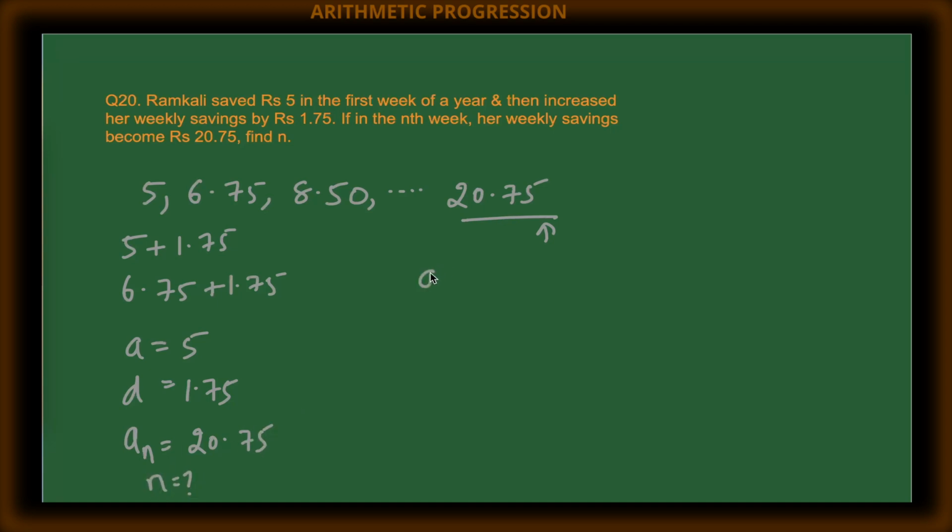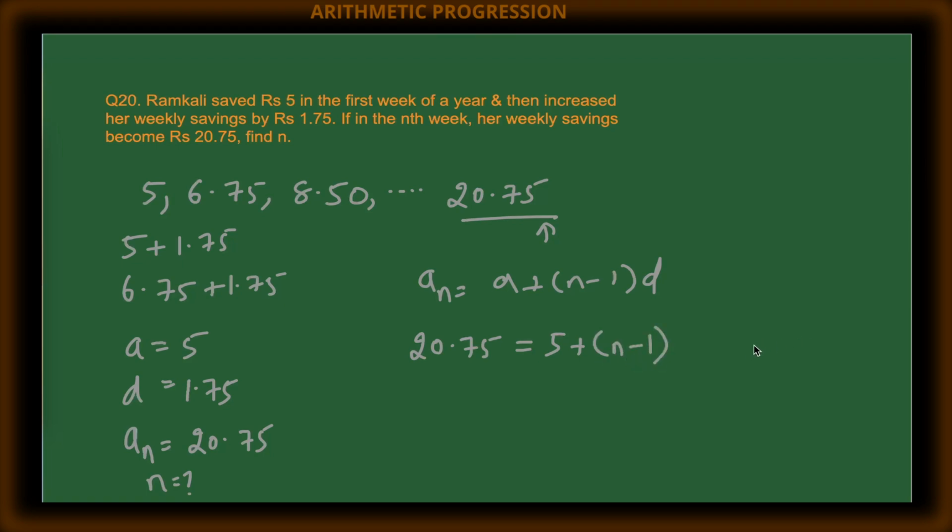So we can use this formula: an is equal to a plus n minus 1 into d. So what is an here? 20.75 is equal to a, what is a here? 5, plus n minus 1.